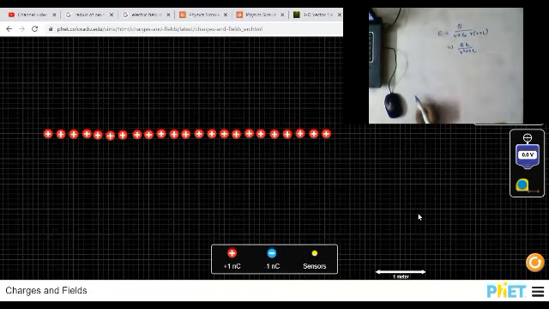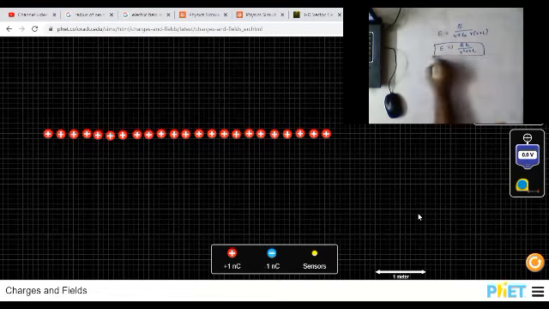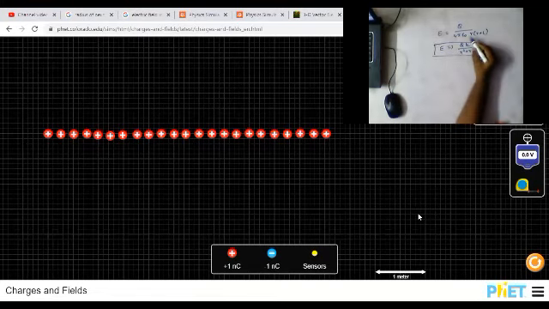We can use either formula. This is the long one, and this is the short form, where K is equal to 1 by 4 pi epsilon.